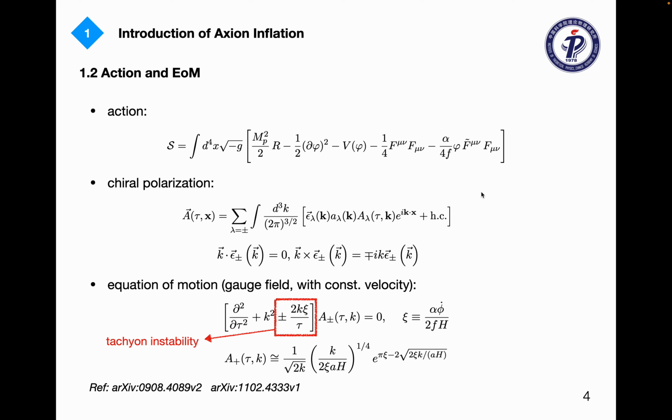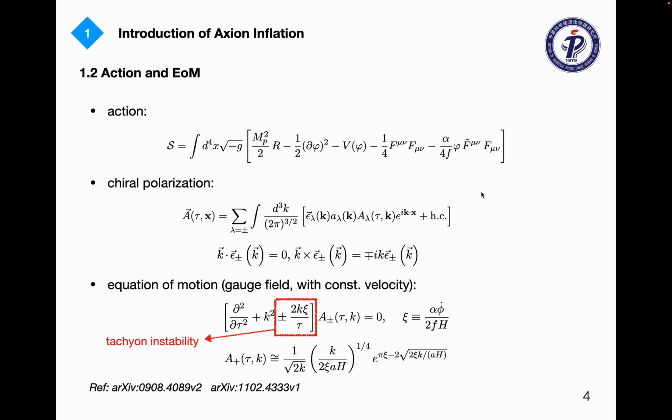So if we write down the equation of motion of the gauge field and cast it onto those spaces, we can have an effective mass which has a plus or minus sign depending on whether the gauge field is left or right-handed, where the psi parameter is defined by xi times phi dot over 2fH.